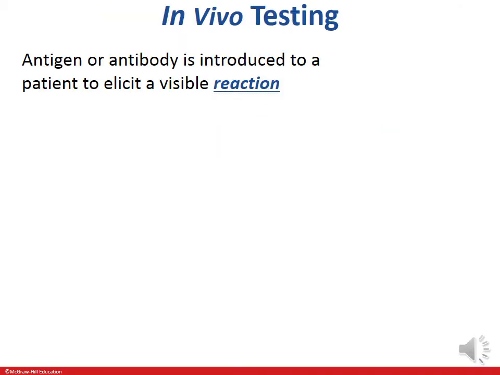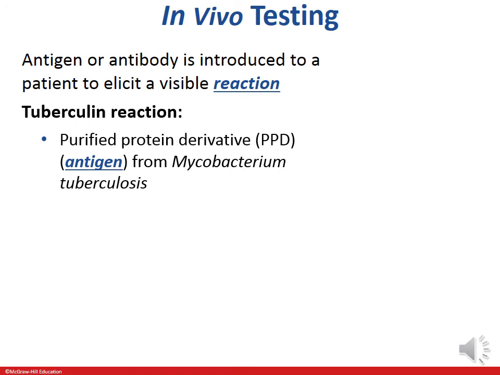So in some cases, we can actually do the test in the human body and look for a reaction that indicates that exposure. And so either an antibody or an antigen is introduced. So for example, the skin test that we use to detect or surveil for tuberculosis. This is actually just a protein extracted from the surface of the bacteria that causes tuberculosis.